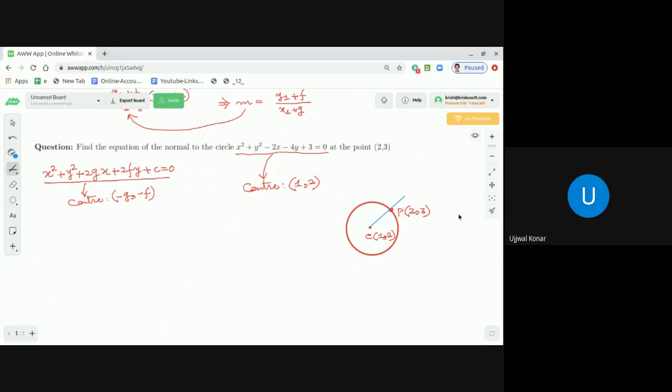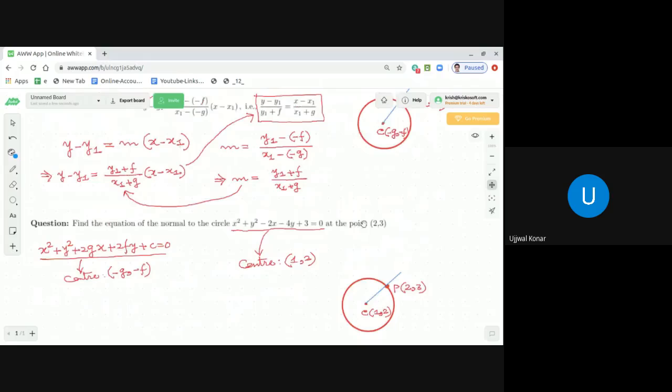So what we need to find is the equation of the normal. Pretty simple. There are multiple ways we can do it. The first is that if you can recall the formula we have discussed, y minus y1 divided by y1 plus f is equal to x minus x1 divided by x1 plus g.